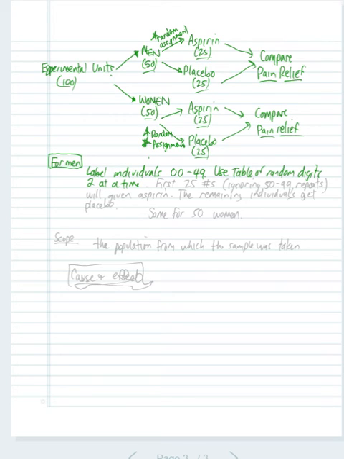The first 25 numbers to appear. And of course we are ignoring some things here. We will be ignoring the numbers 50 through 99, and we will also be ignoring repeats. And we need to say that. So the first 25 numbers will be given aspirin, and the remaining individuals get the placebo.